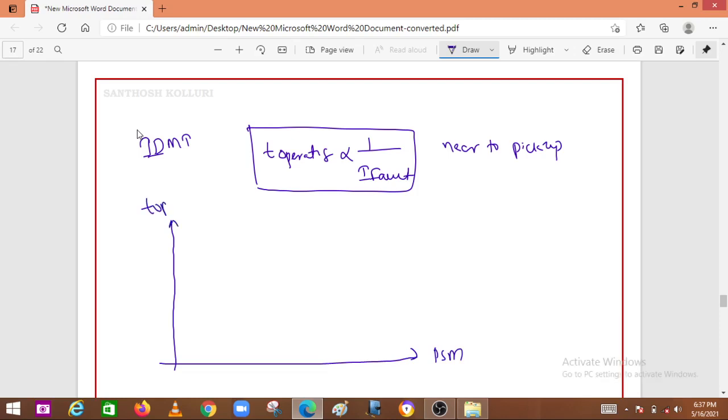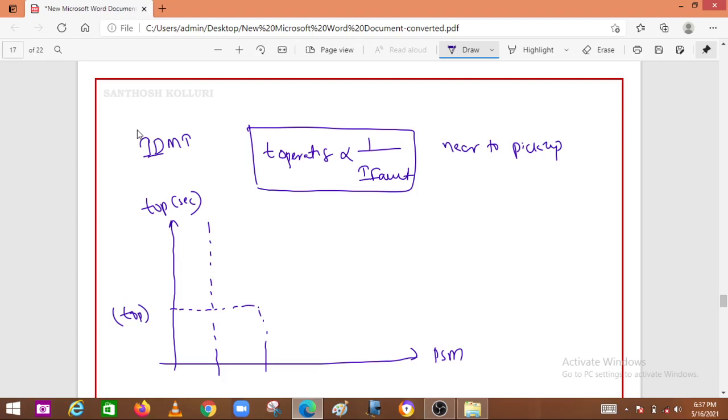This is the operating time in seconds. Here is the minimum value of plug setting multiplier, and this is the minimum operating time required for the relay.